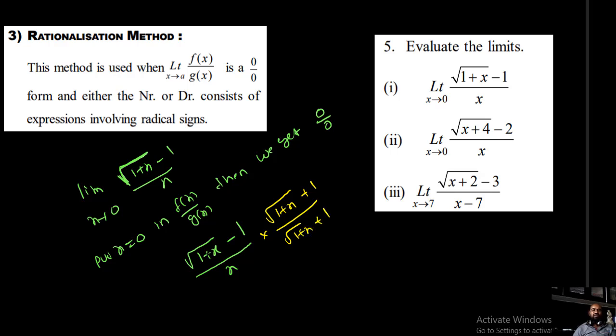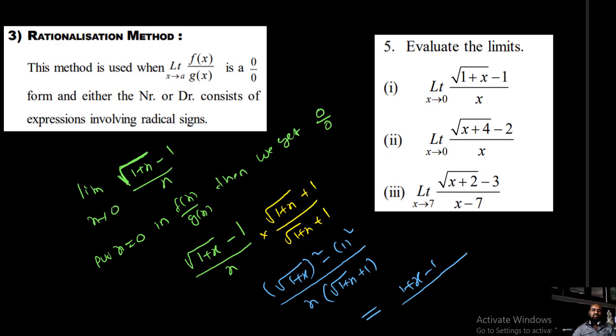The numerator is in the form of a minus b times a plus b, a square minus b square, by x times root over 1 plus x plus 1. In other words, I can say that root 1 plus x minus 1 by x times root over x plus 1 plus 1, the terms get cancelled.